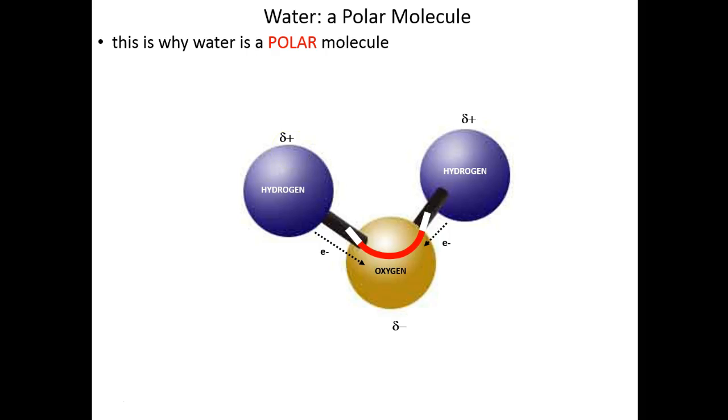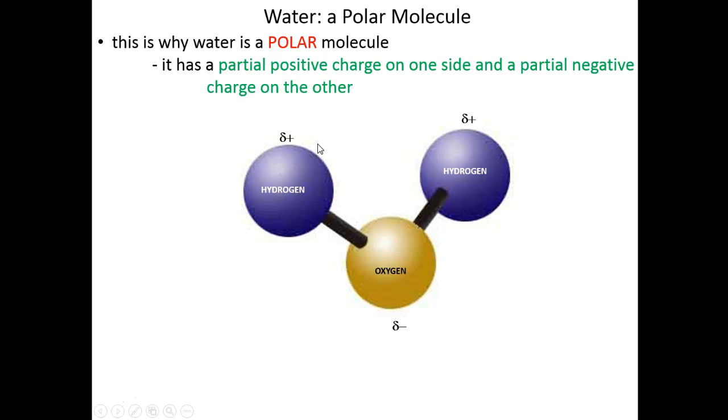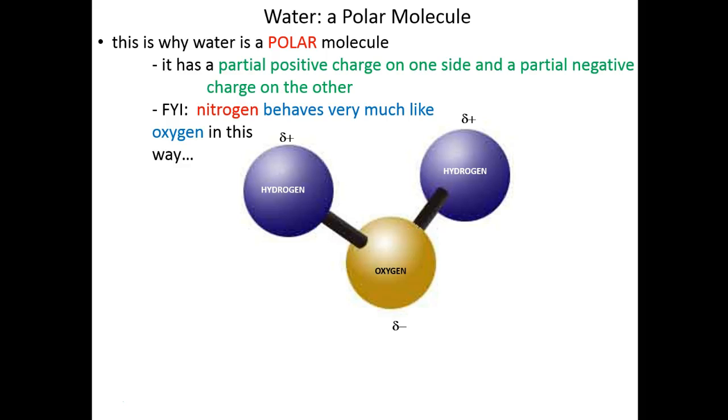The negatively charged electrons are spending far less time around those hydrogens, making them partially positively charged. As I mentioned, nitrogen is also highly electronegative, so when nitrogen is involved in bonds with hydrogen, the same thing happens. The more those electrons spend time around nitrogen, nitrogen takes on a partial negative charge, and the hydrogens that nitrogen is bound to remain partially positive.